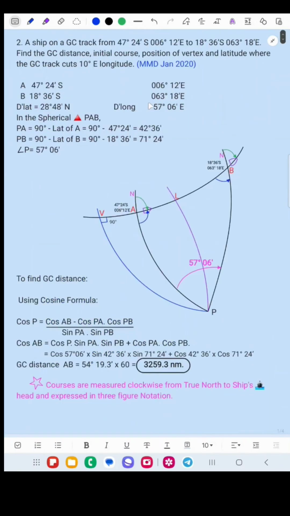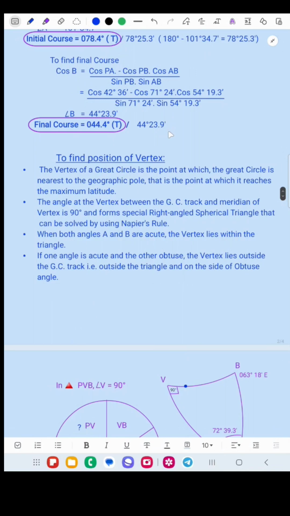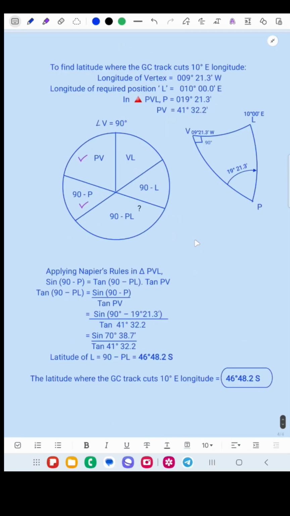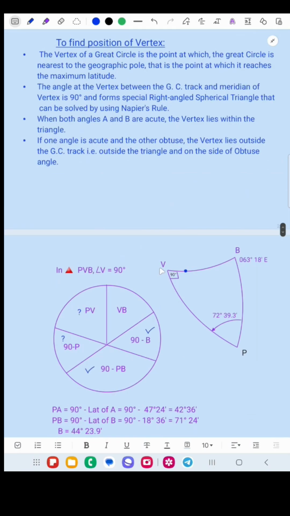Now the last part of the question is the latitude where the GC track cuts 10 degrees east longitude. We have already calculated the position of the vertex, that is this latitude and longitude.